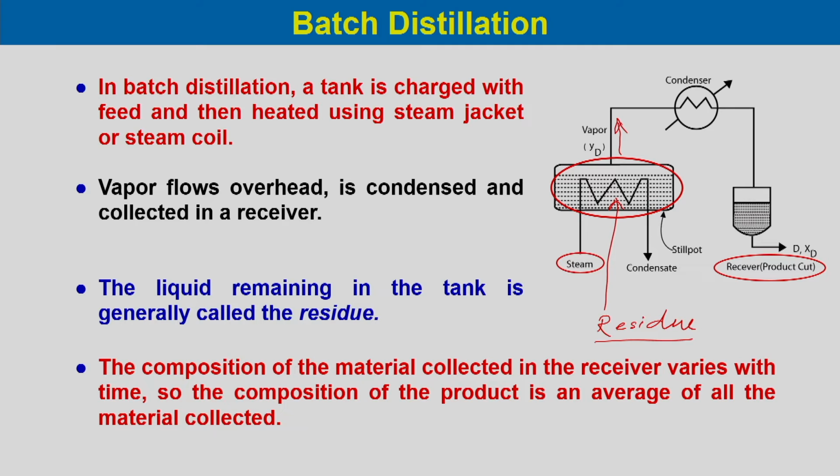The composition of the material collected in the receiver varies with time. So, the composition of the product is an average of all material collected. As long as the distillation continues, more and more product comes to this receiver and the composition continuously changes. So, the final composition we get is the average composition of the material collected over a time period.